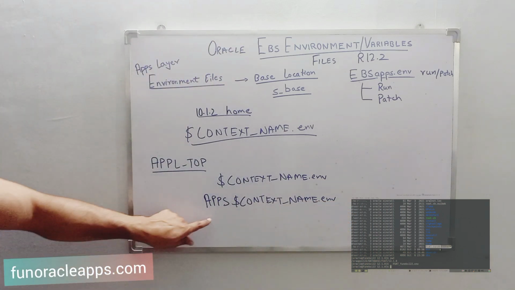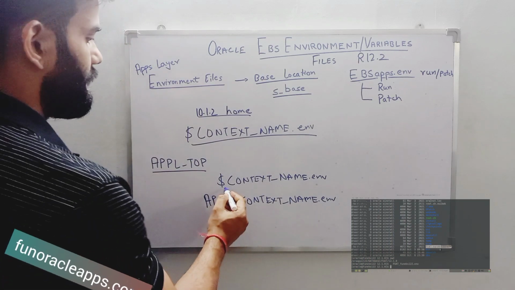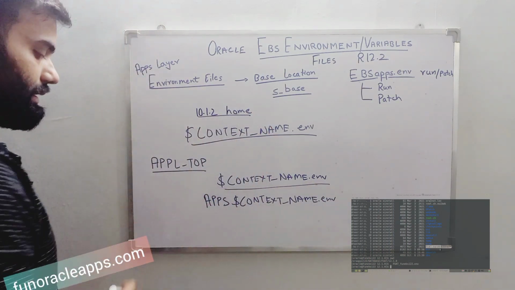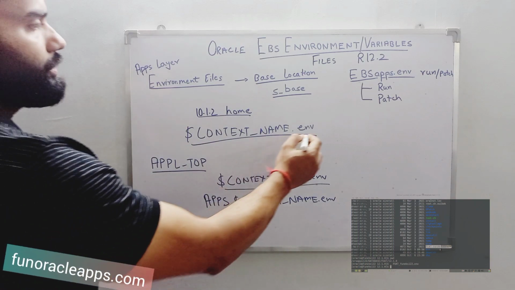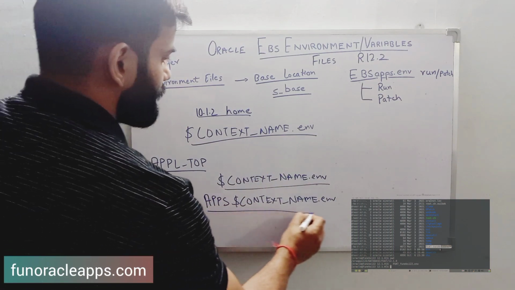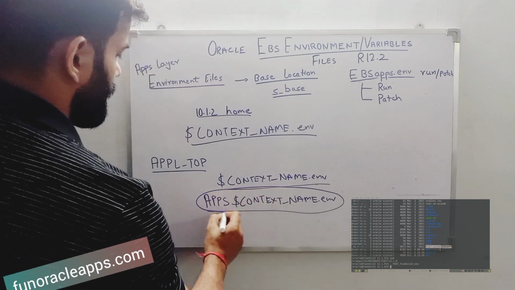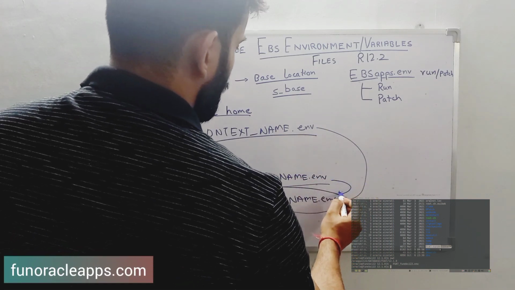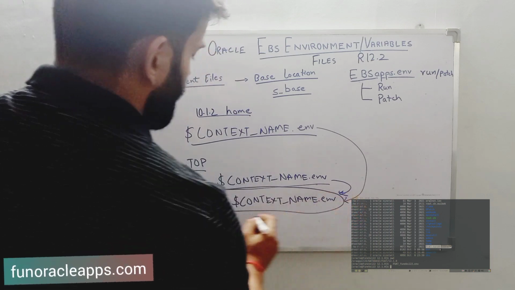So you will see multiple files. This file is here in Appltop, and this is the one at 10.1.2 home. Both are different files, but both of these files will be called inside this wrapper. So this file and this file will both be called by the wrapper file.